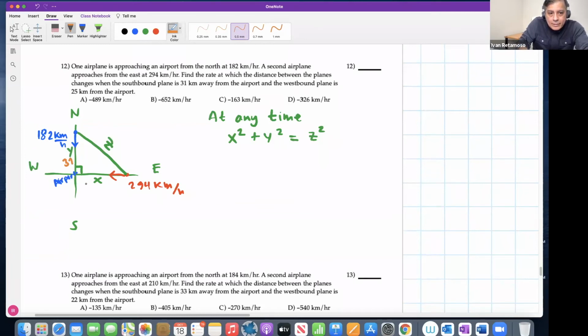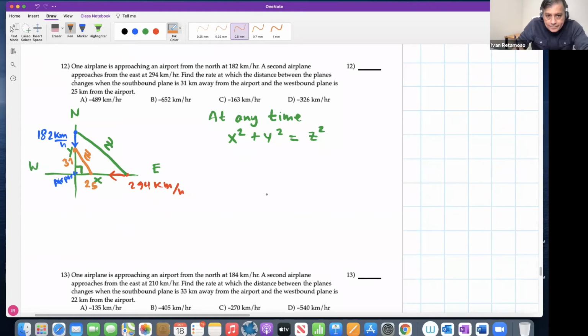At that moment, they might be like this, not necessarily parallel. I don't want to make it parallel. Maybe one is moving faster than the other. So maybe this figure will be like this, perhaps. Who knows? But at that moment, there's going to be another Z there. At that moment, they want you to figure out dz dt. That's the idea, guys.